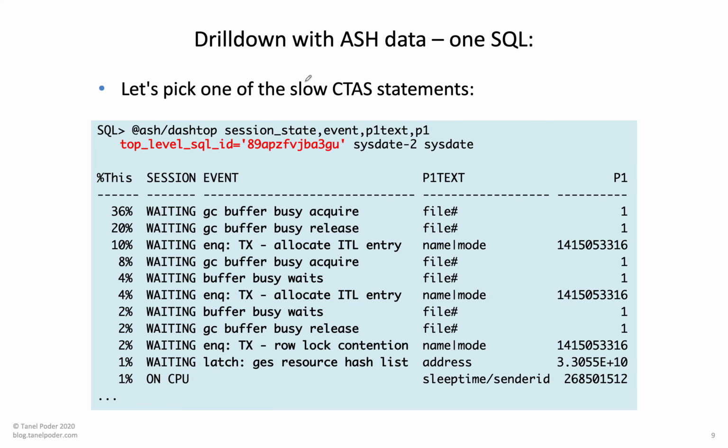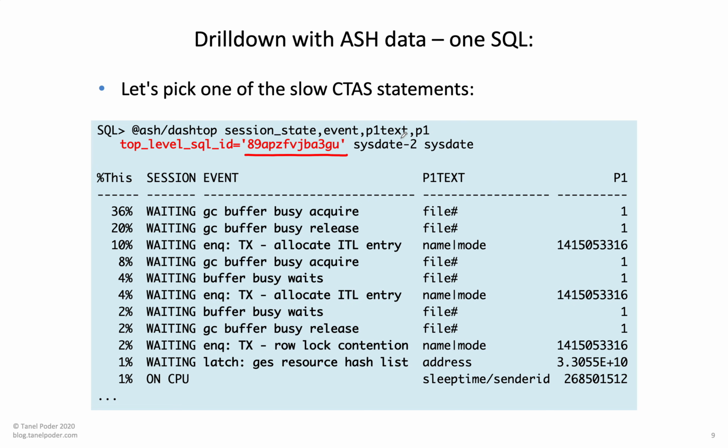Anyway, I took one of these statements to zoom in and see what this one statement was doing. You see, I'm saying, whatever the top level SQL ID is, so that instead of looking into a single session, I just look into this SQL ID, right?